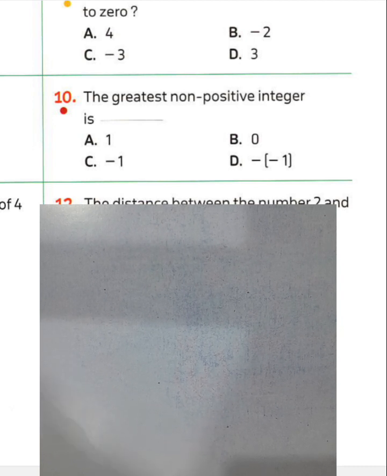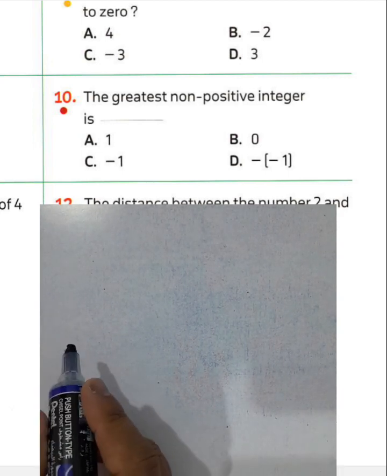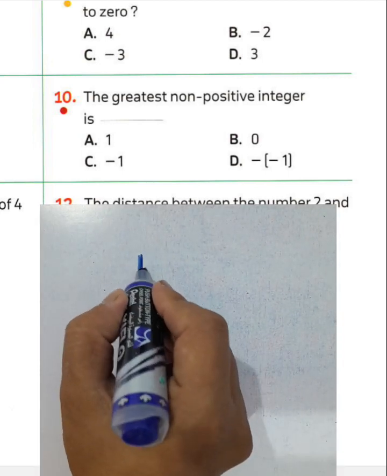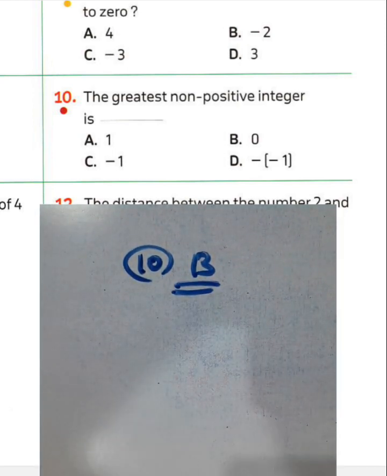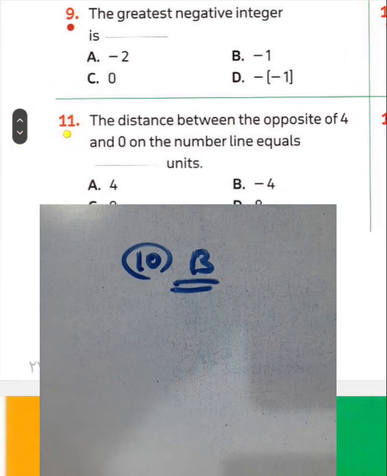Again, the greatest non-positive integer is 0. Choose letter B for question 10.